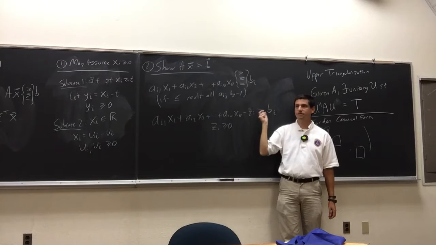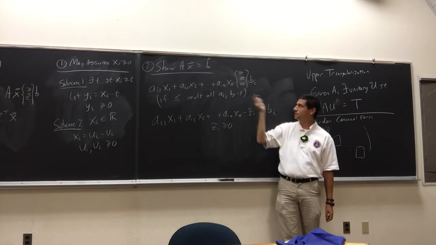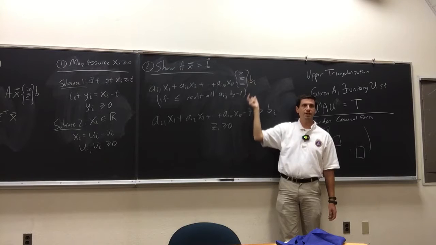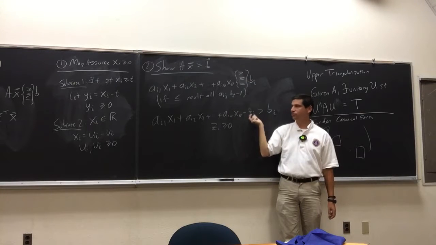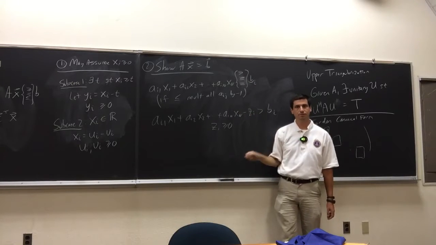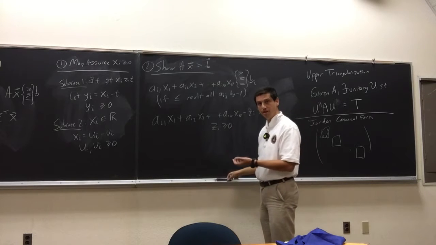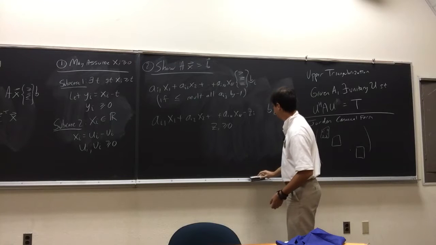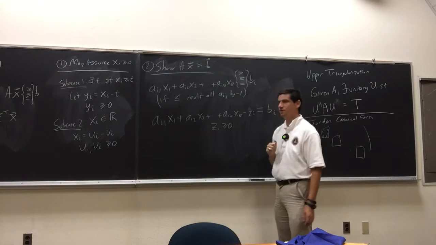I can subtract enough to make this a strict equality. If, let's say, this was 5 more than bi, it needs to be greater than to satisfy the constraint set. If this is 5 more, well, I now subtract 5 and now I have an equality. So I can go from a greater than or equal to an equality by just subtracting an appropriate amount.